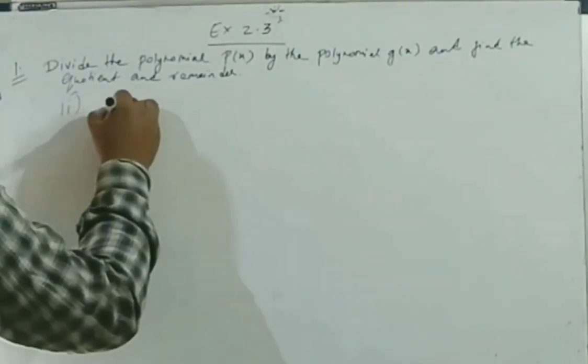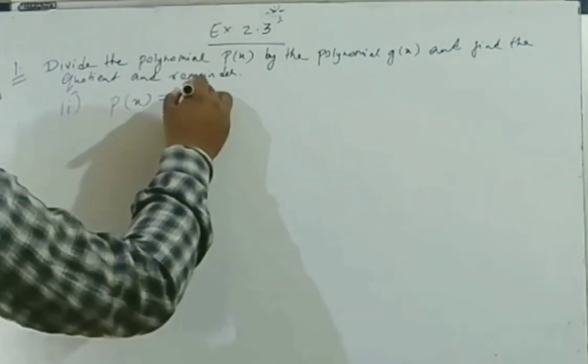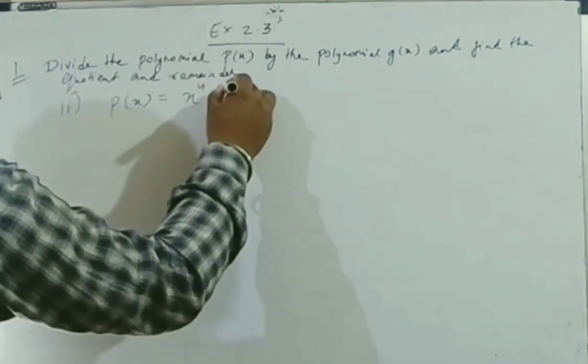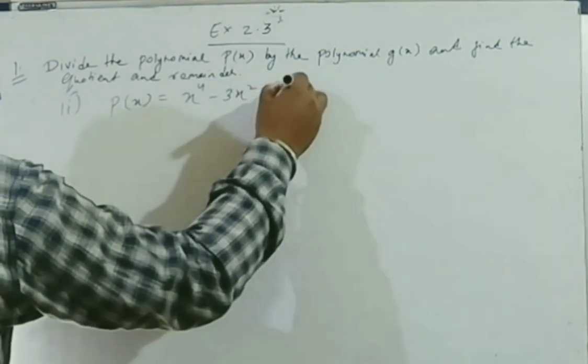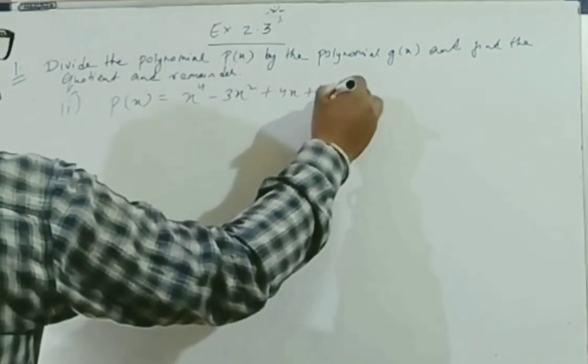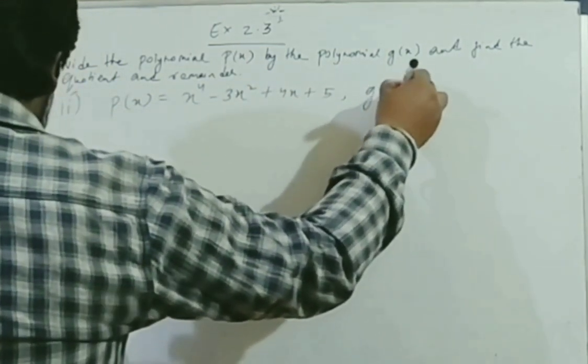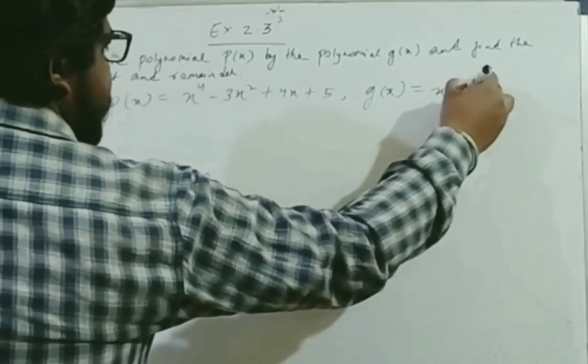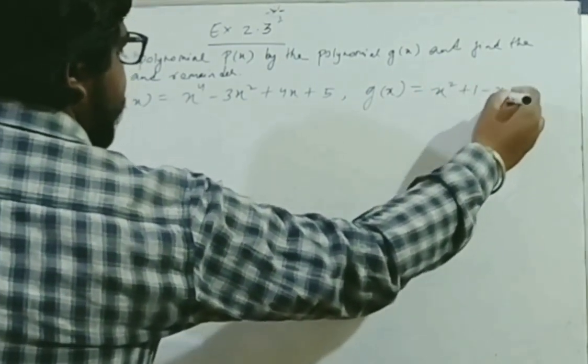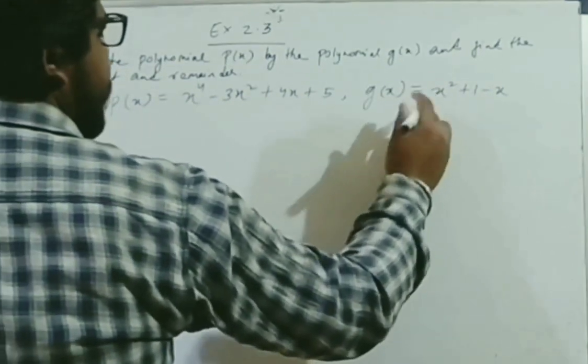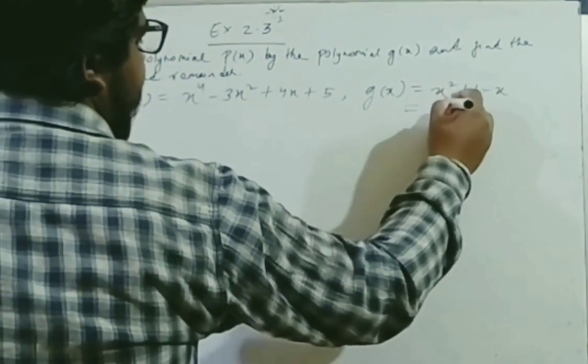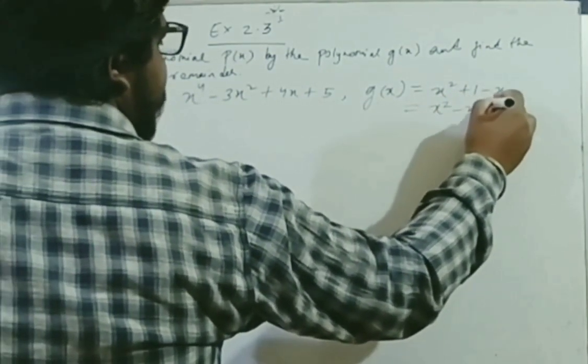Okay, so this is question number 2. p of x is given, that is p of x equal to x raised to power 4 minus 3x square plus 4x plus 5, and g of x is given, that is x square plus 1 minus x. First of all, you have to write it in standard form. So you write x square, then the x term, right?